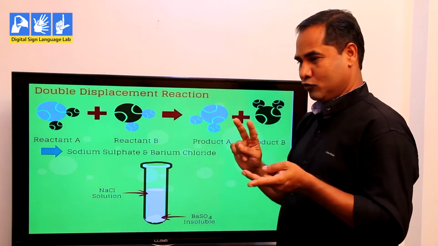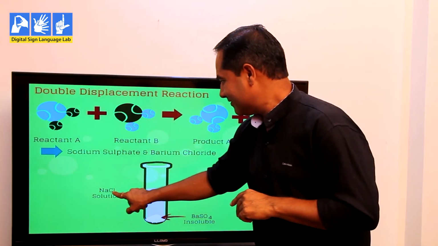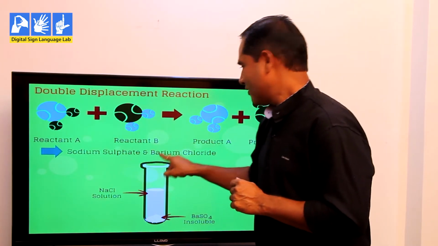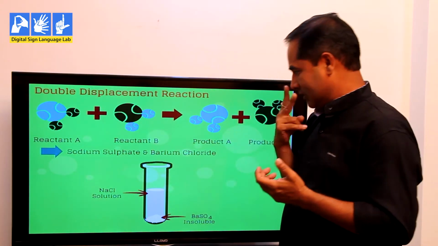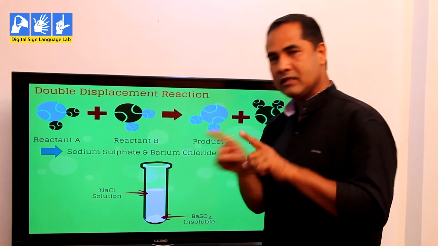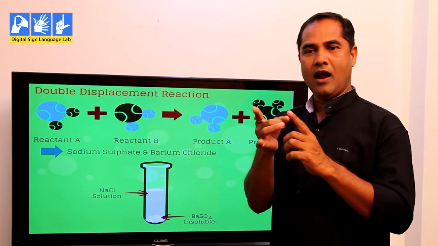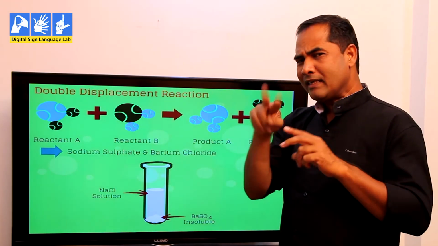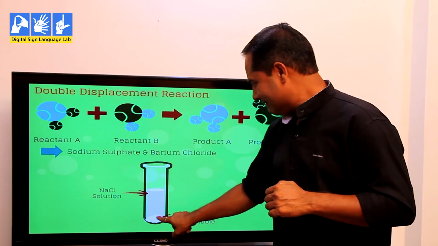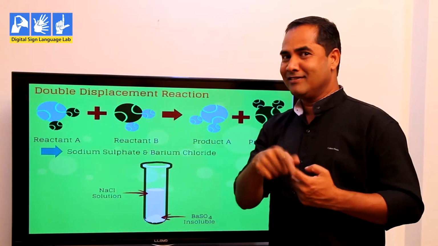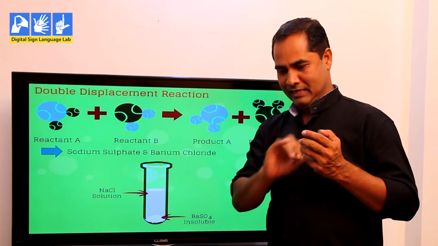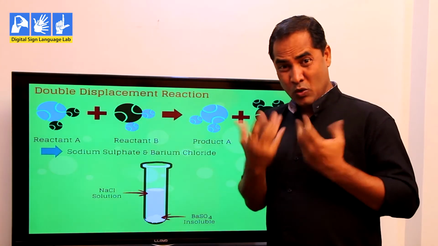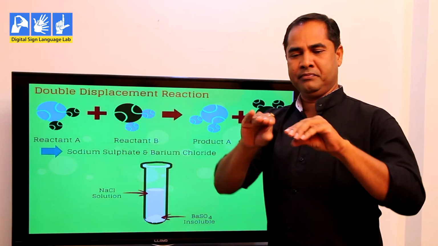Both of these elements get exchanged. We have sodium chloride and we have barium sulfate. So this is the final thing that we get, where the sodium chloride, which is same as salt, remains in the solution, whereas the barium sulfate becomes insoluble in the solution and you can see it as the precipitate and you can remove it.